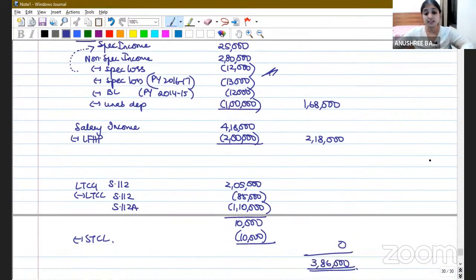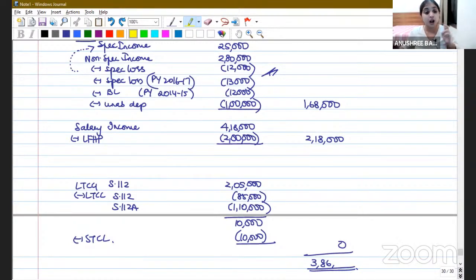Here, this question is important because of the 112A adjustment. A lot of students, you know what they will do? Either they will adjust just 10,000, because up to 1 lakh is exempt if it is profit, so loss also they will ignore up to 1 lakh. They may make that mistake.